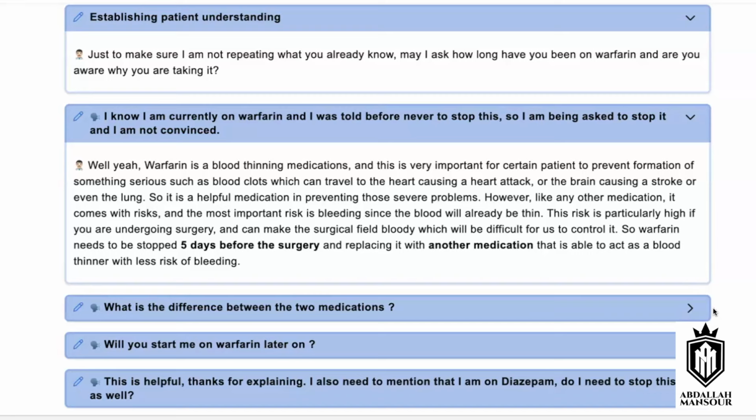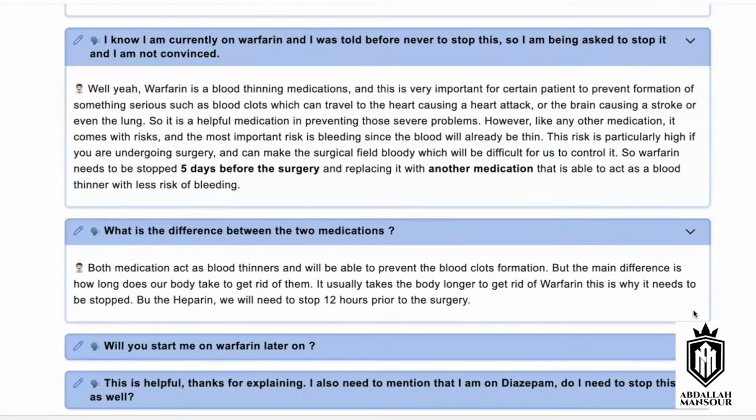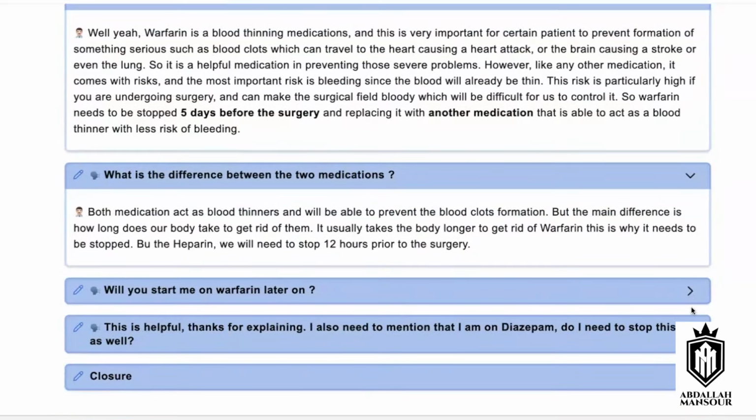All right. So you said I'm gonna go back to warfarin after the operation. Yes. And when is that? Is it the first day after the operation? Well, it depends on the type of surgery and the ability of the patient to take oral intake. Once the patient can take oral intake, we will start your usual medications.